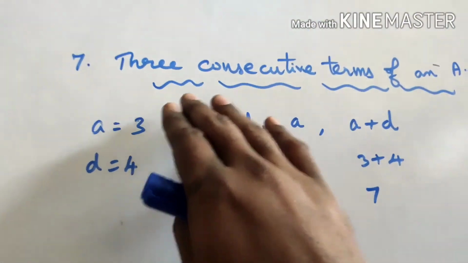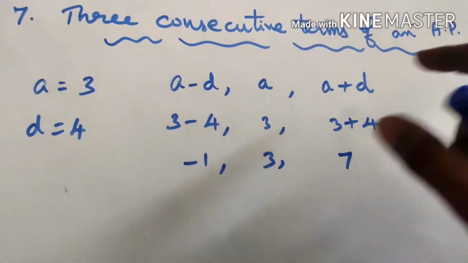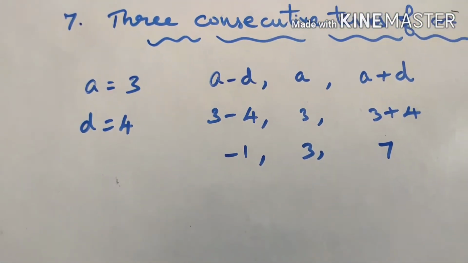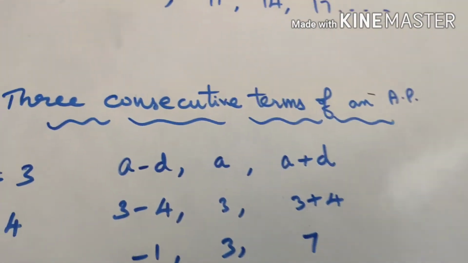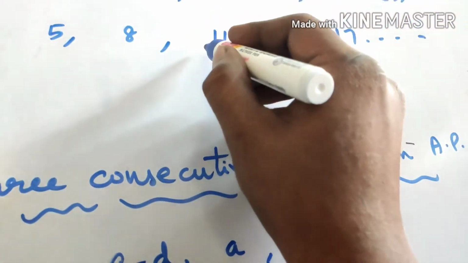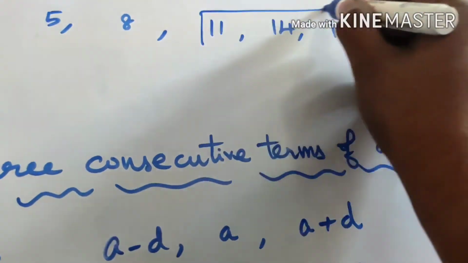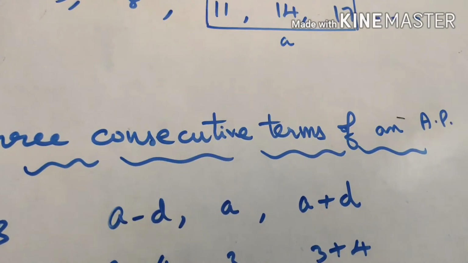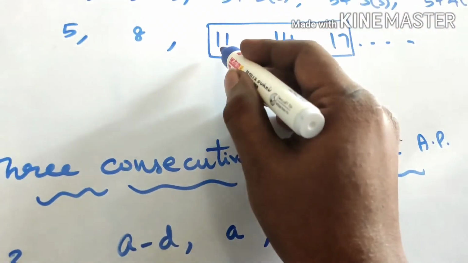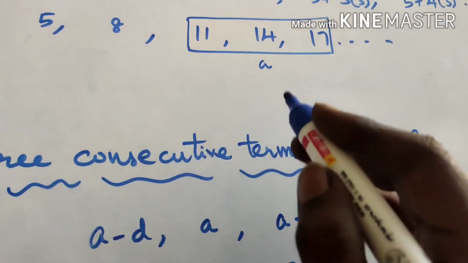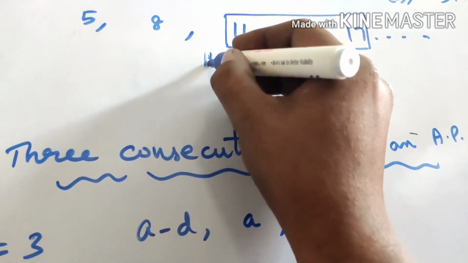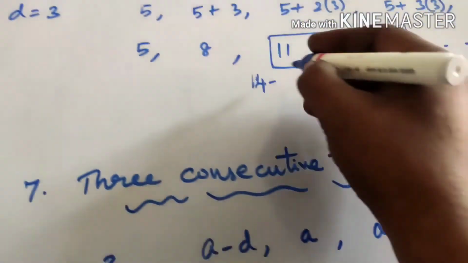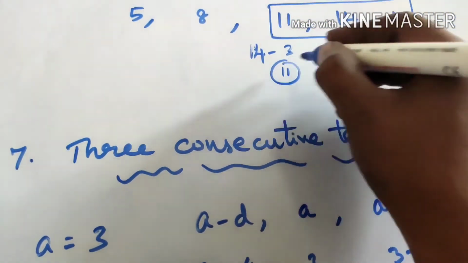So any three consecutive terms in an AP will be in this form. That is the concept we are saying. For example, if you take these three terms, we will consider the middle one as a. Now this will be a minus d and this will be a plus d. This is 14 minus d, and d is the common difference 3, so you are getting 11.